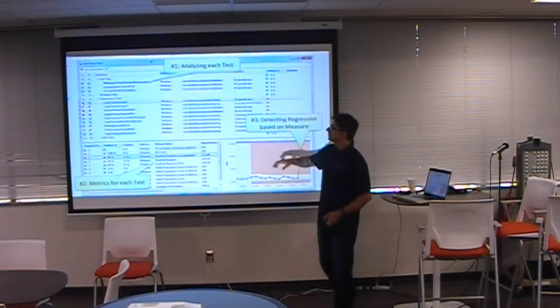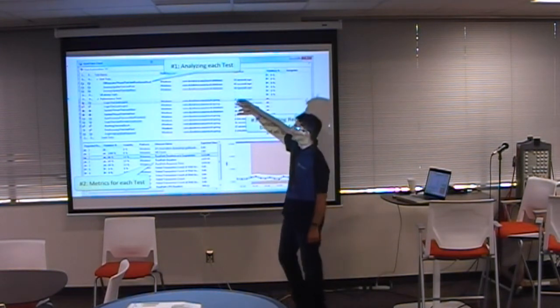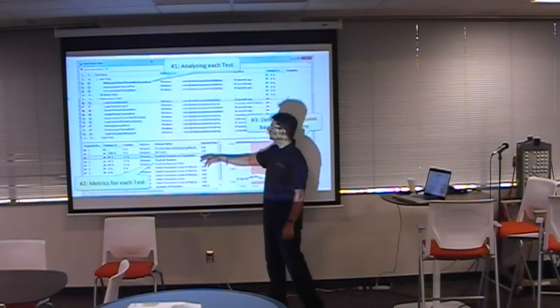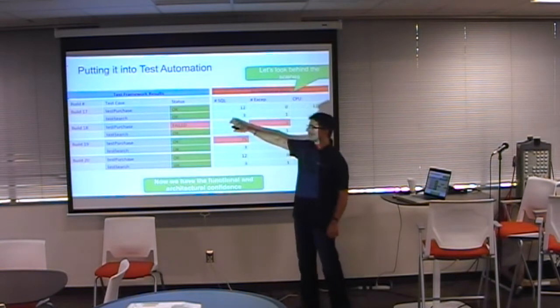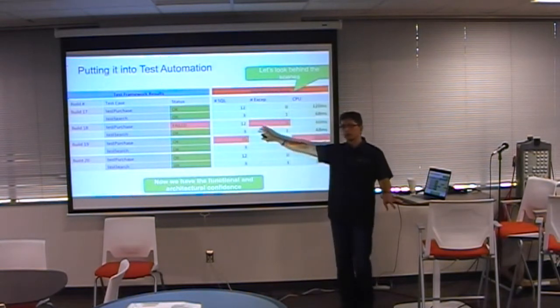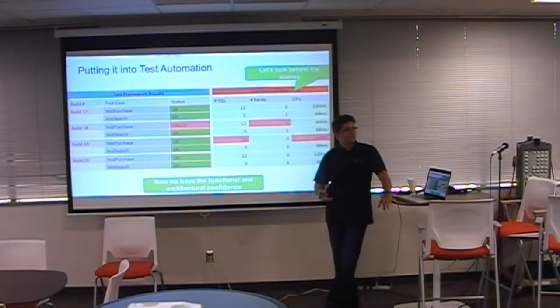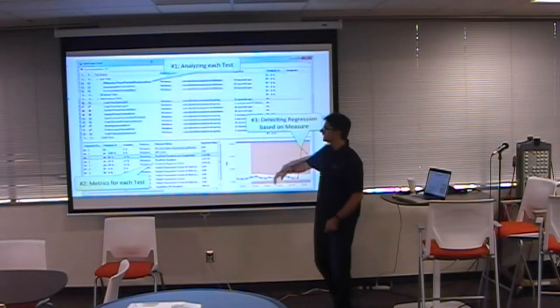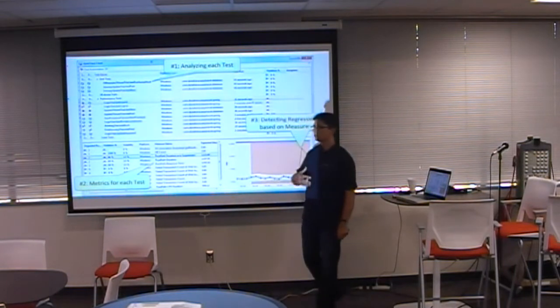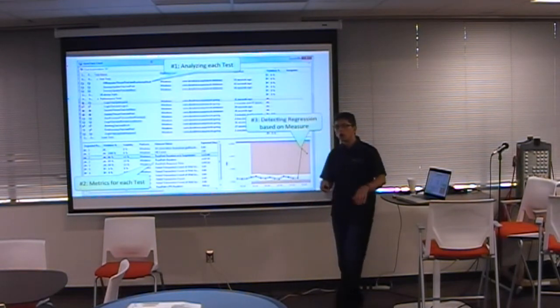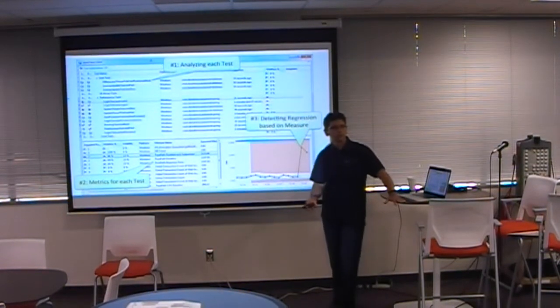Another thing you may want to do is look at the logging. Here I'm not focusing on performance, because in nightly builds performance may not be important. In the unit test you may care more about the counts: how many SQL statements are happening, how many remoting calls are happening.